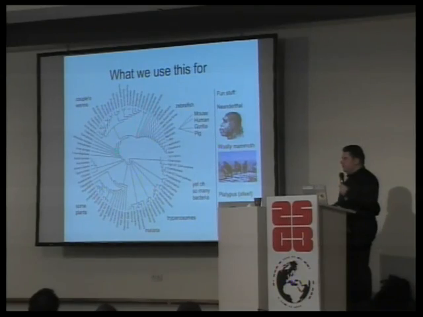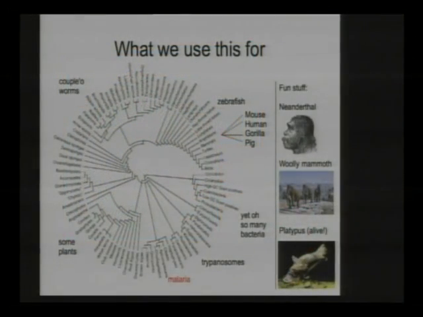And there's also fun stuff being done. So some people are trying to extract Neanderthal DNA from teeth they found, because that's the most likely place to find DNA after tens of thousands of years, because the tooth actually protects the DNA inside, or it can protect the DNA.